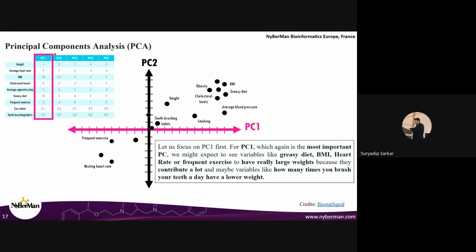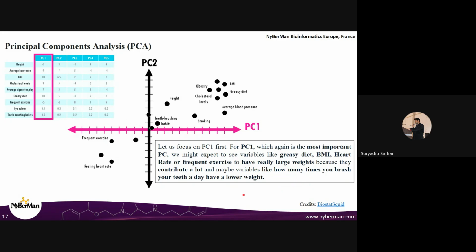At the end of the day, this principal component is nothing but a linear combination of these features. So each feature is contributing something to the principal component. We can figure out the importance of each feature in each principal component by figuring out how much they are contributing, and that is what is given to us by these loadings or weights.